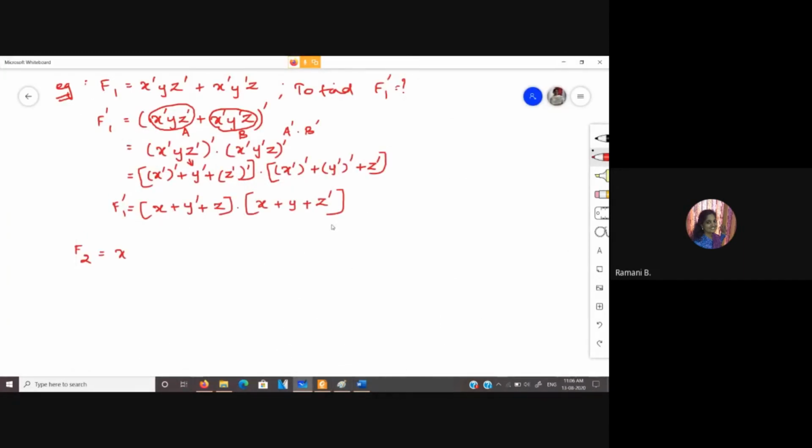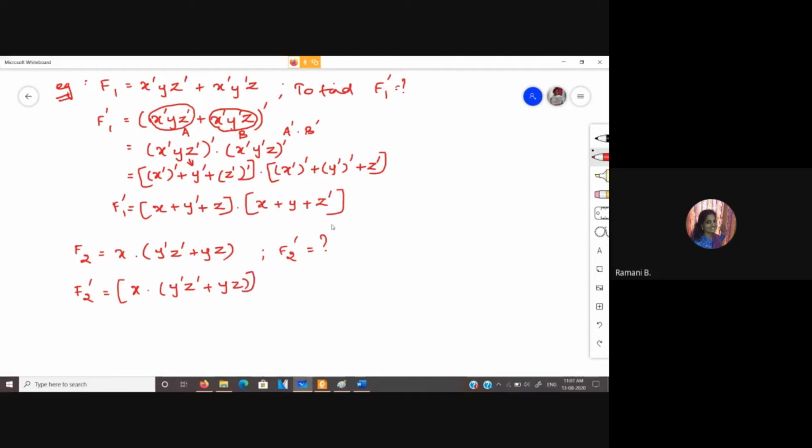So x dot y bar z bar plus yz. Now here we have to find f2 bar. So f2 bar is equal to, here we are going to use the second property, second De Morgan's theorem first.